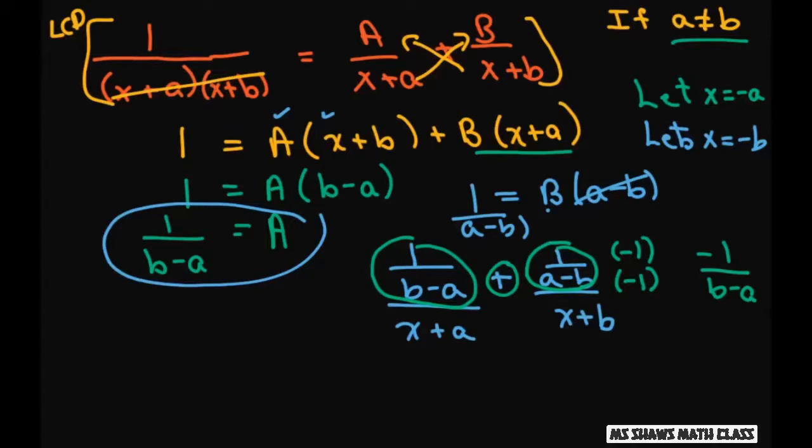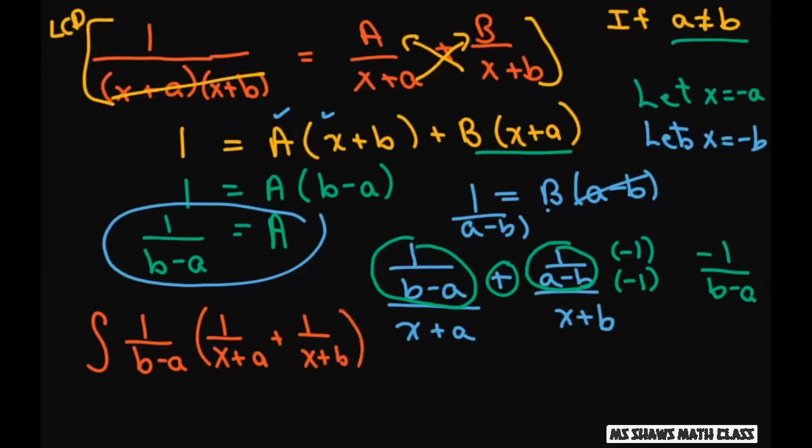So my integral is going to actually be, I'm going to pull out the 1 divided by B minus A times 1 divided by X plus A plus 1 divided by X plus B. That's basically how you would write it, and then you've got dx.